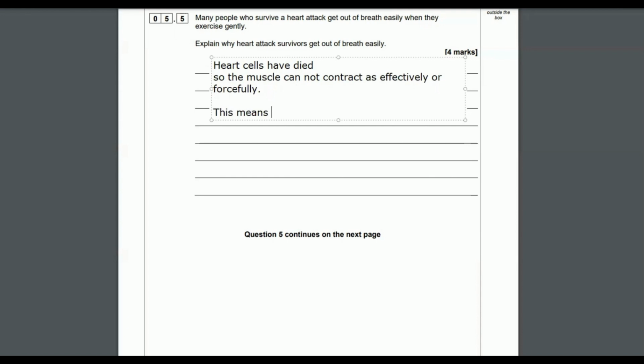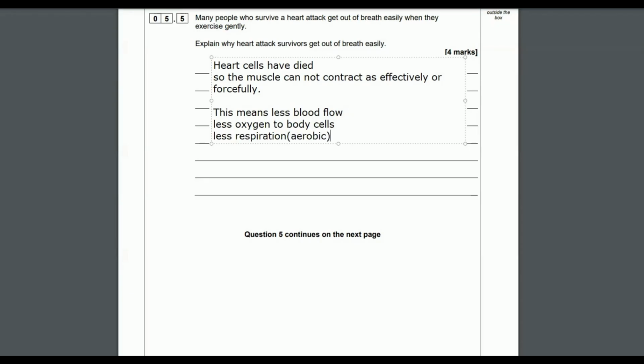This means less blood flow, so less oxygen to body cells, less aerobic respiration, because oxygen is required for aerobic. So less energy released. I shouldn't say made, I should say released.